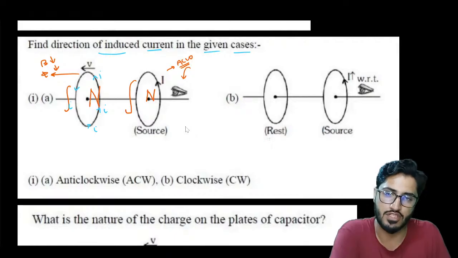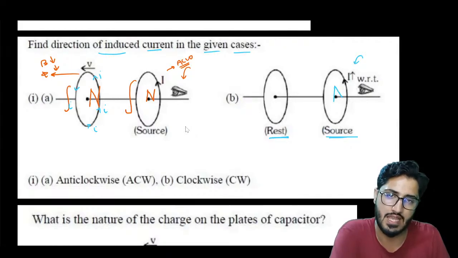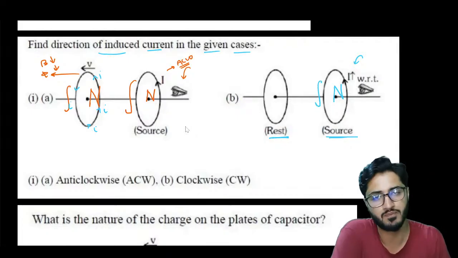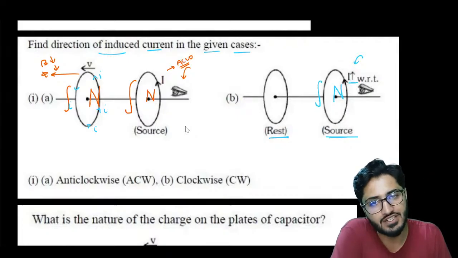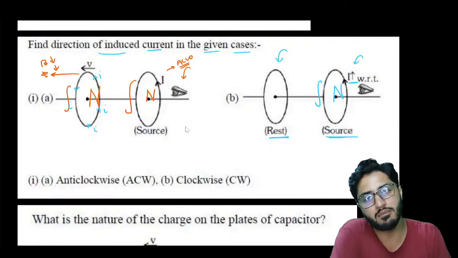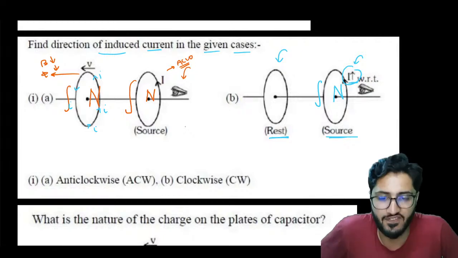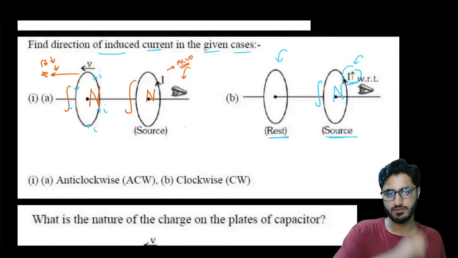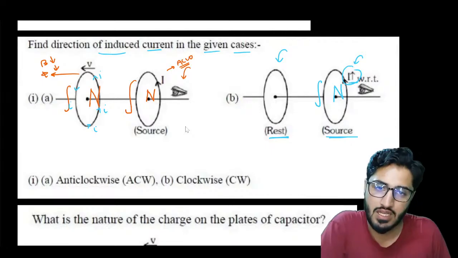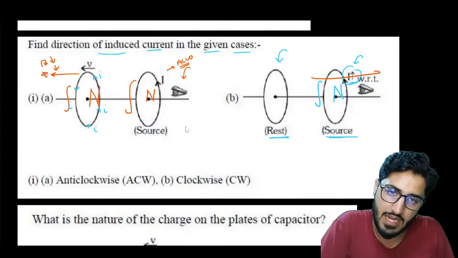Look, let's think about this one now. This one is at rest. Source current is increasing. So look, it is anti-clockwise. Anti-clockwise means this is north pole, this is south one. This current is increasing. So in this one, my current will flow in such a way that it should decrease its effect. How will it be now? Look now, my loop will be like this.